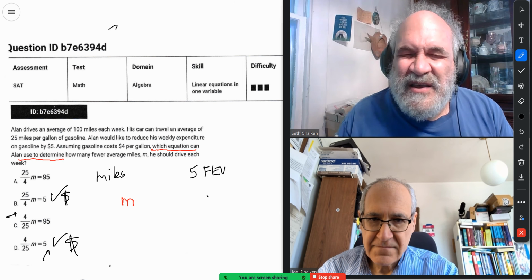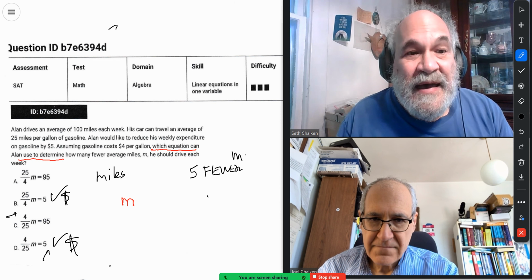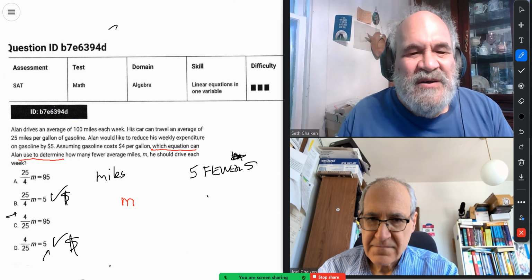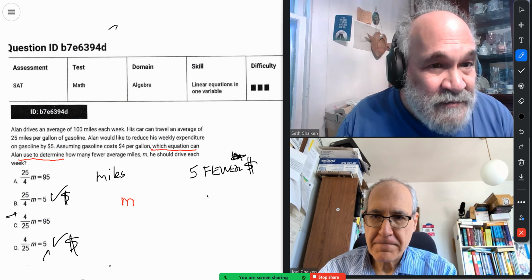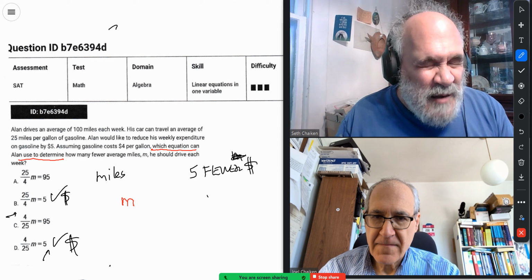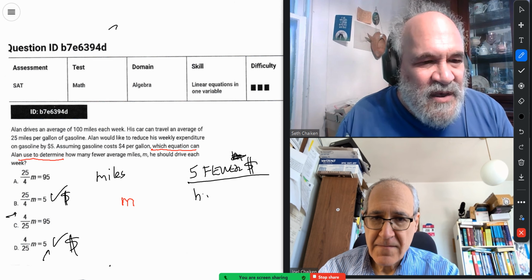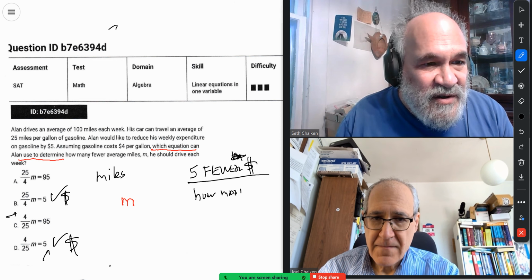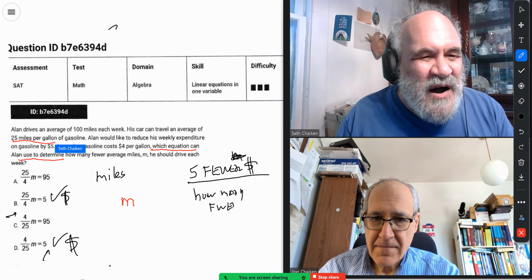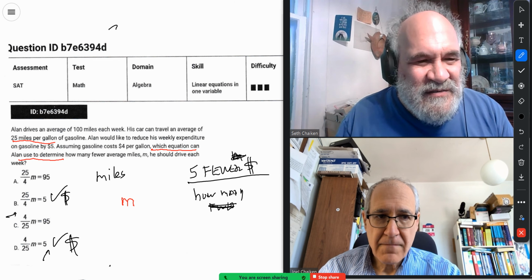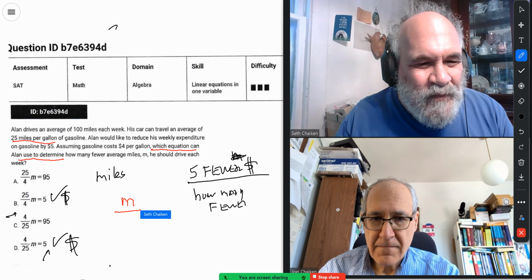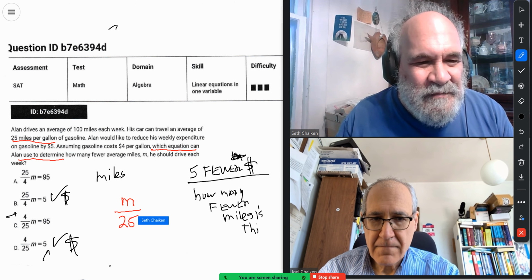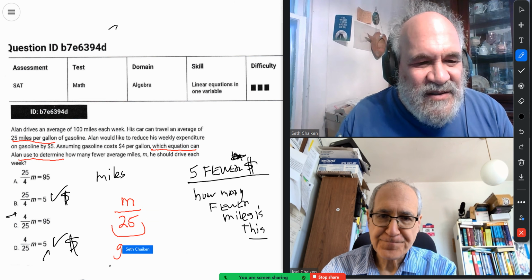So we're interested in something that you multiply by M to convert from miles to dollars. Now, what's given? You're given the rate of miles per gallon is 25. So if we divide M by 25 miles per gallon, we get gallons.